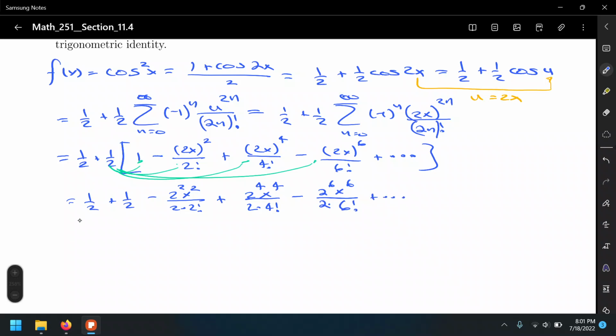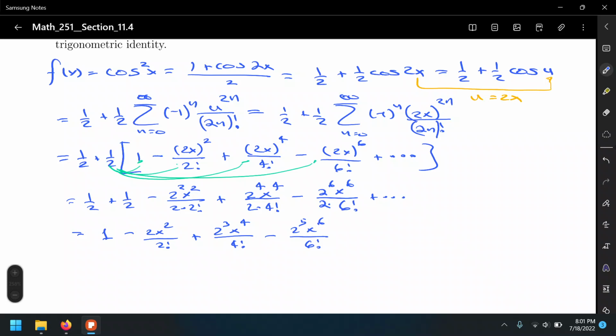So when we combine this half plus half, that is going to be a 1, and 2 squared over 2 is going to be 2x squared over 2 factorial, which technically cancel, plus 2 cubed x to the fourth over 4 factorial minus 2 to the fifth x to the sixth over 6 factorial.